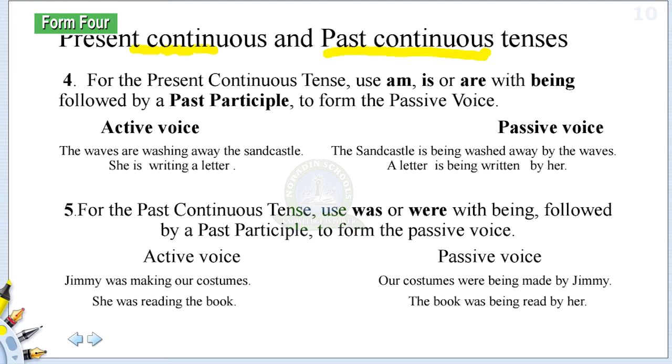For the present continuous tense, use is, are with being. Is, are with being.